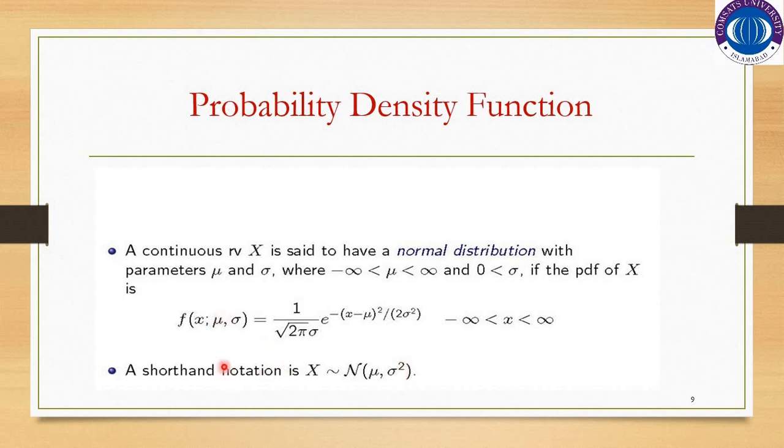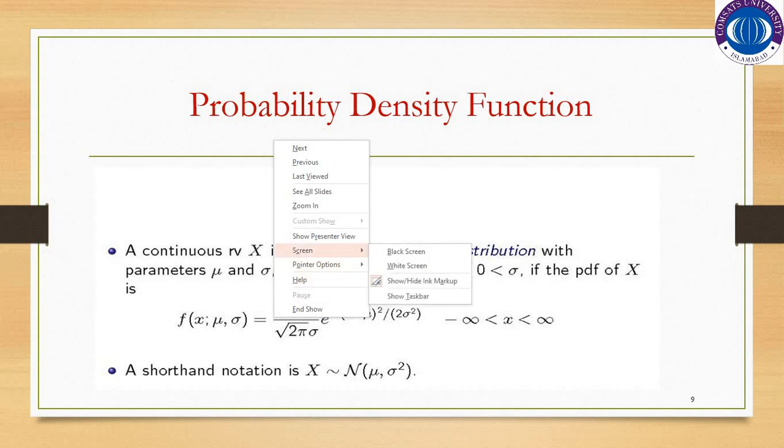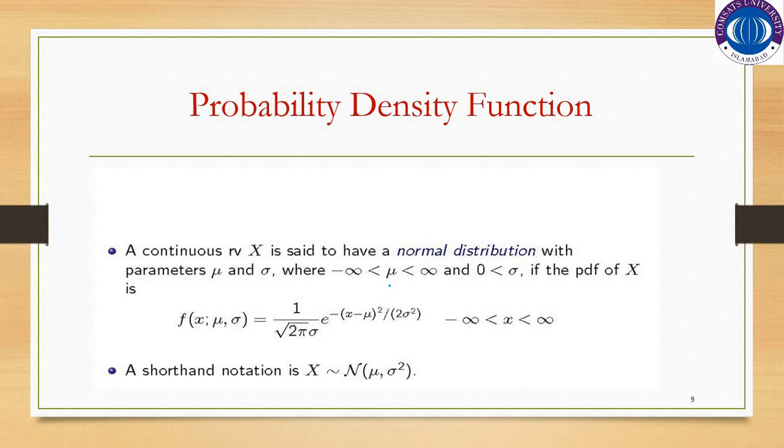So this is the way to write that this random variable is following the normal distribution with parameters mu and sigma square. You can write it for other distributions as well. If x is following the binomial, you write x follows binomial with parameters n and p.